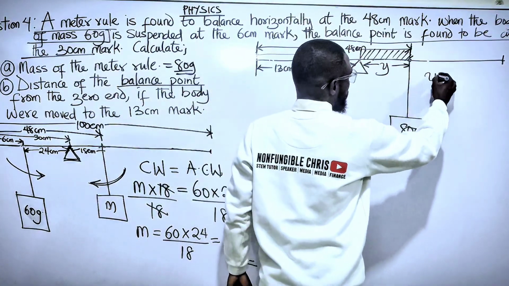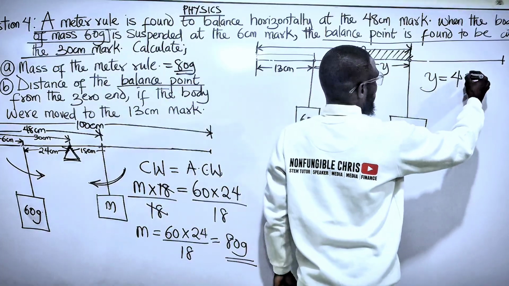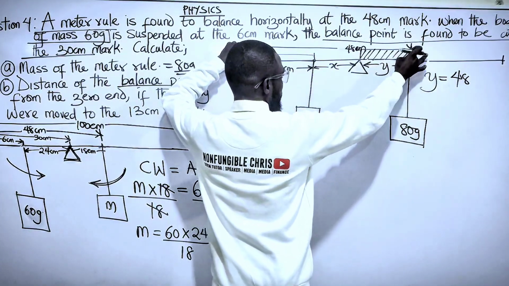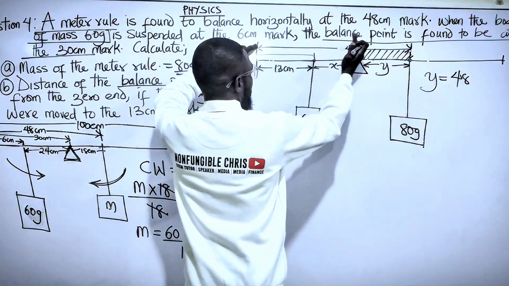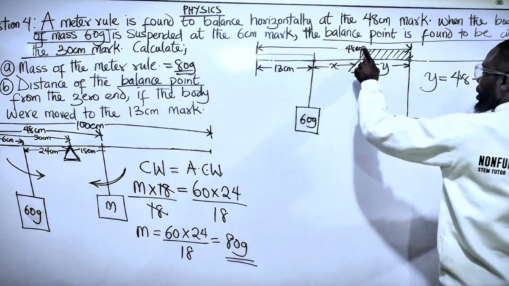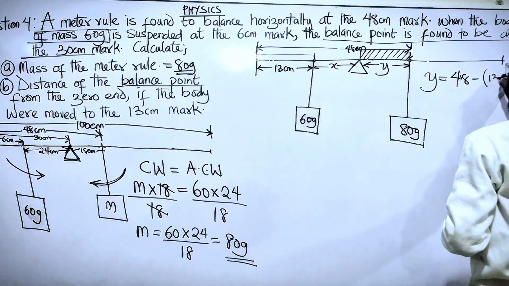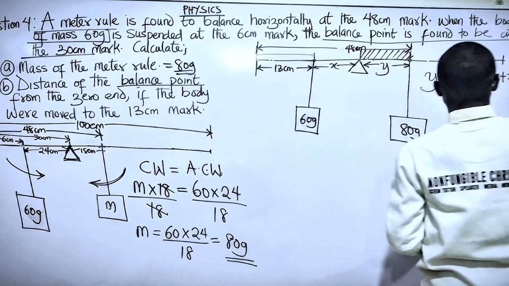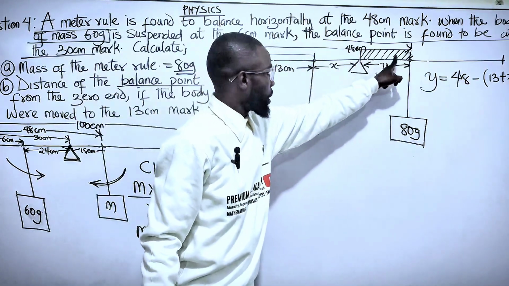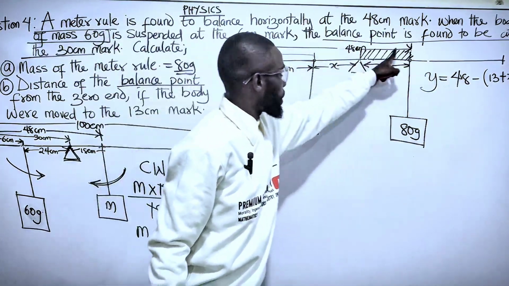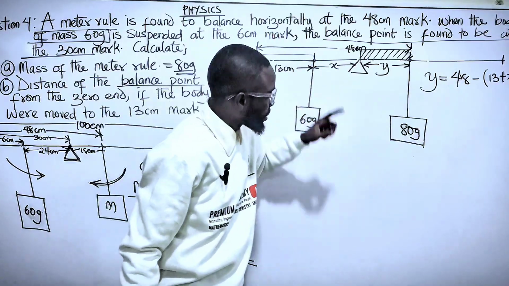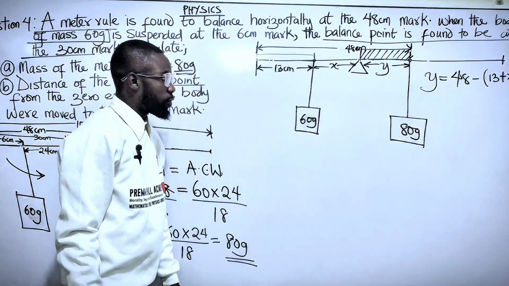So the y value is going to be what? 48, the whole distance, minus 13 plus x. That's it, right? For us to get here, to the whole length, 48 minus what we have here. And what we have here is 13 plus x, right? That's the value for y.